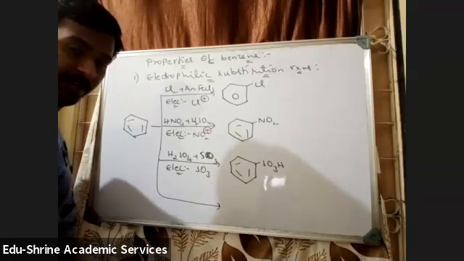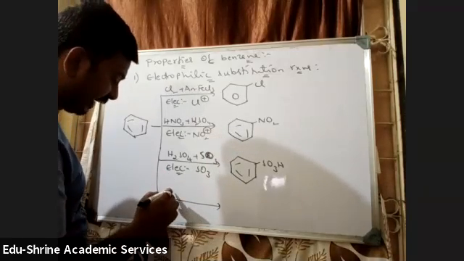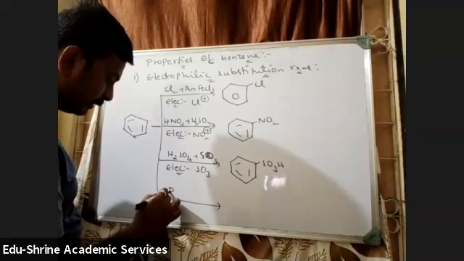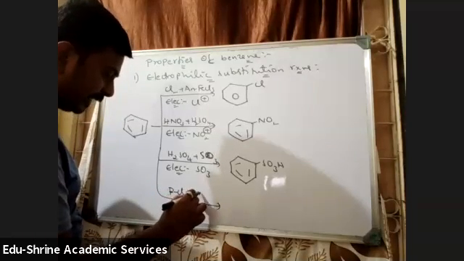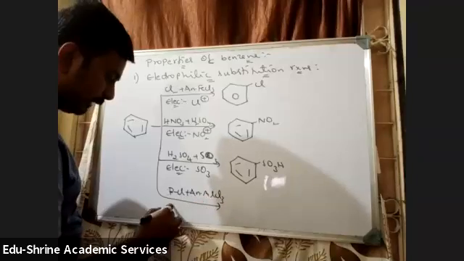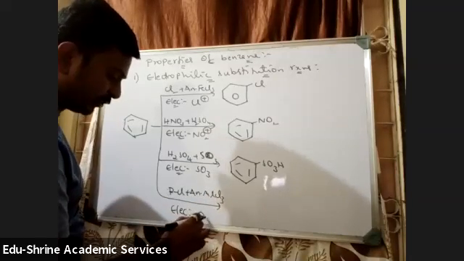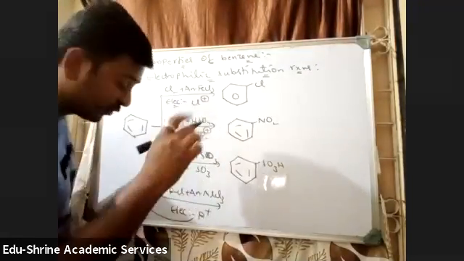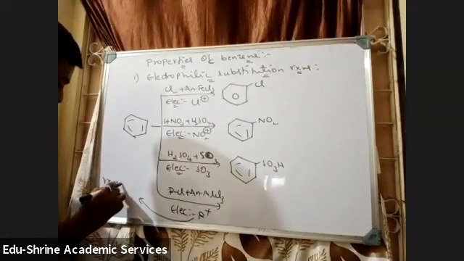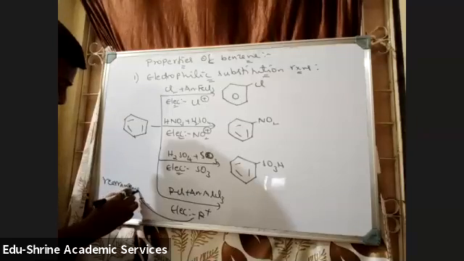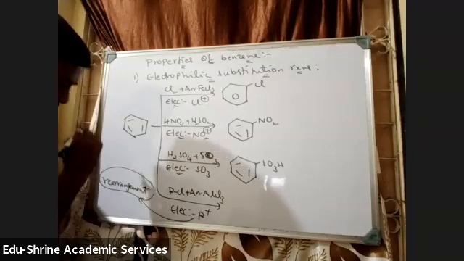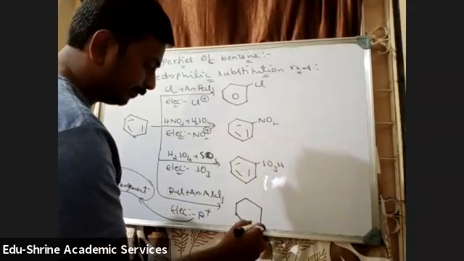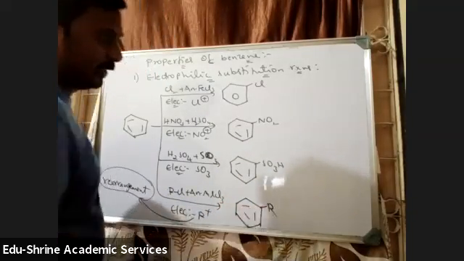Next, the Friedel-Crafts alkylation reaction: CH3Cl or any RCl plus anhydrous AlCl3. Here, students, you will get a carbocation intermediate. Whenever you have a carbocation intermediate, always check for rearrangement. The product will be an alkyl benzene.